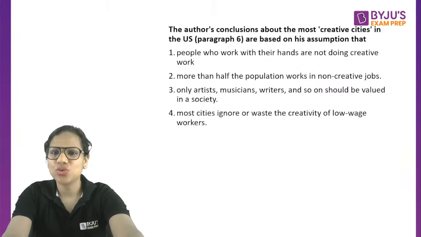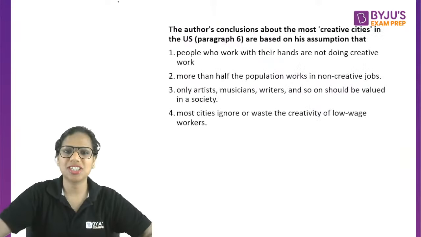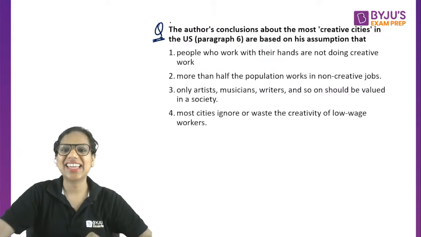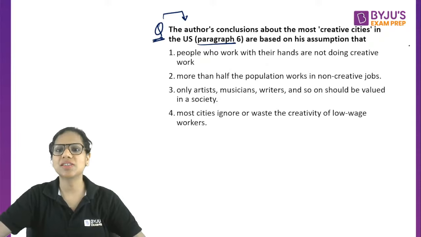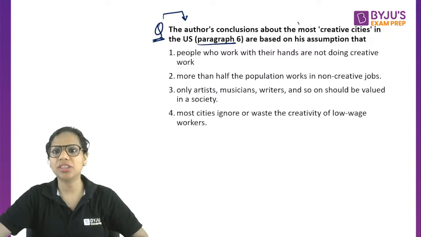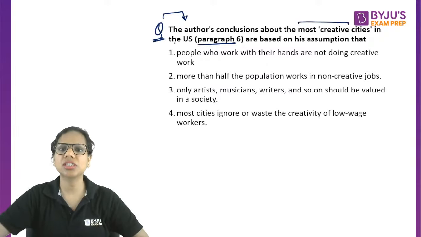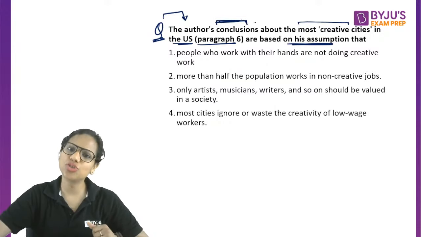Okay, any questions so far? It's just I who have been talking since the session started. Yes. Last question from this passage. The author's conclusions about the most creative cities in the US, paragraph 6, are based on his assumption that... So, when the author talks about the most creative cities in the US, the author must have made some assumption, and on that basis he has made some conclusion also.